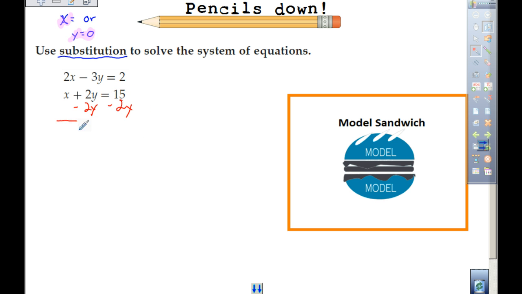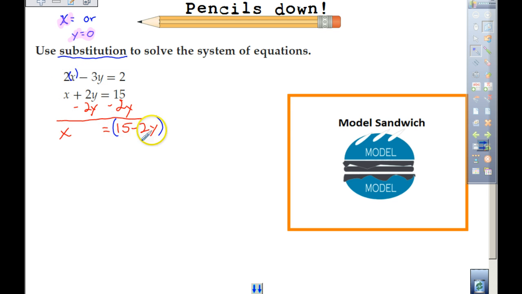So if I solve that bottom equation for x, this just equals 15 minus 2y. Alright. So this x right here is the same as this x right here. And if this x equals 15 minus 2y, then so does this x in here. So substituting means I'm going to replace.